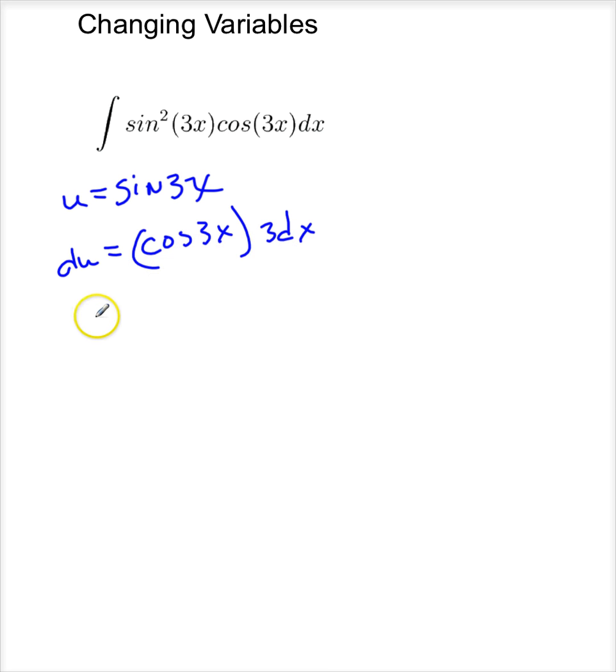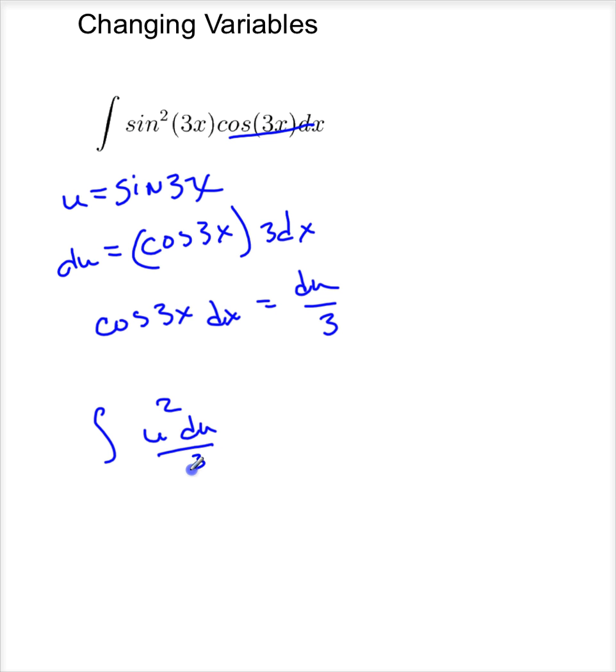So I'm going to solve this for cosine 3x dx, because that's what I have right here, and that's equal to du divided by 3. So when I rewrite this integral, it becomes the integral of u squared du over 3. So this is u cubed over 9 plus c. Plug back in: sine 3x quantity cubed over 9 plus c.